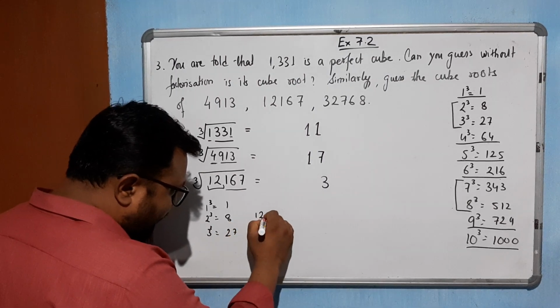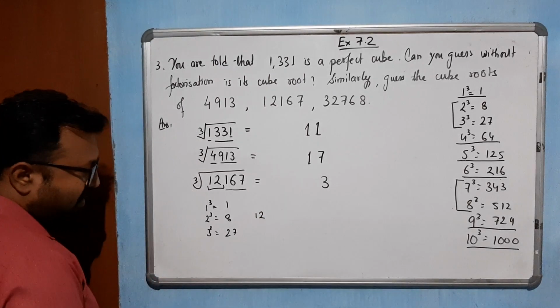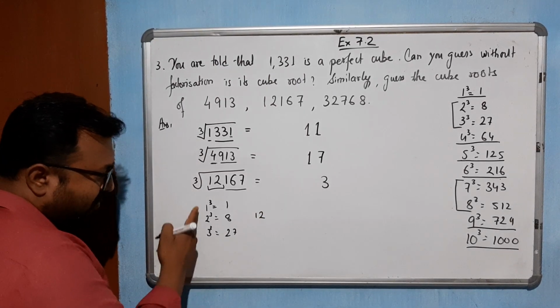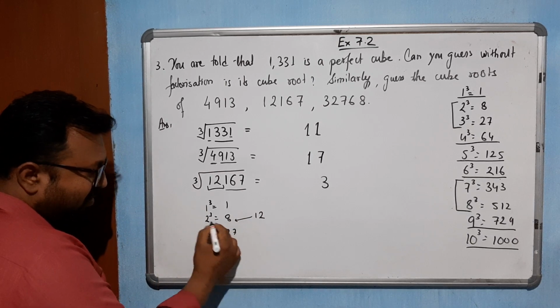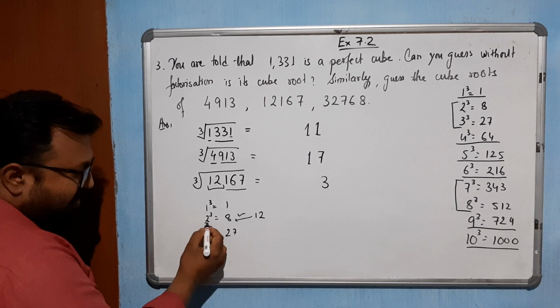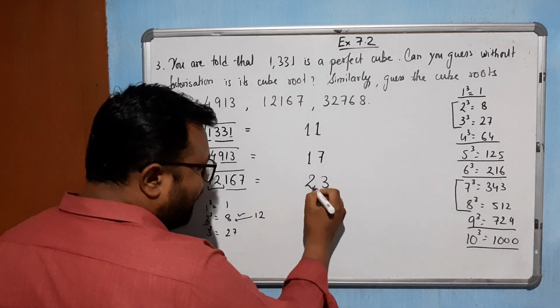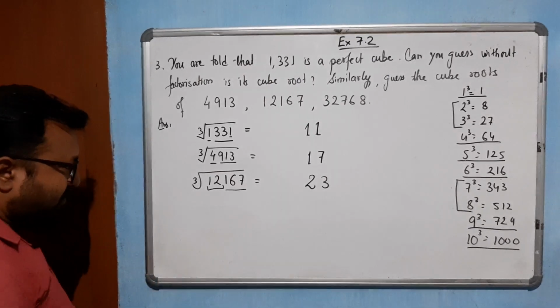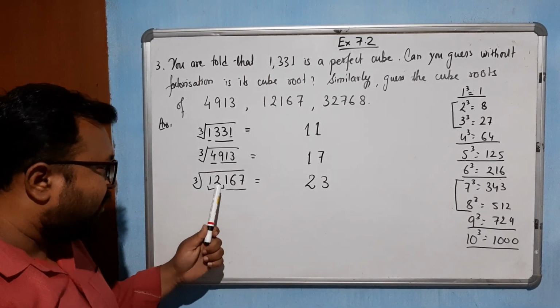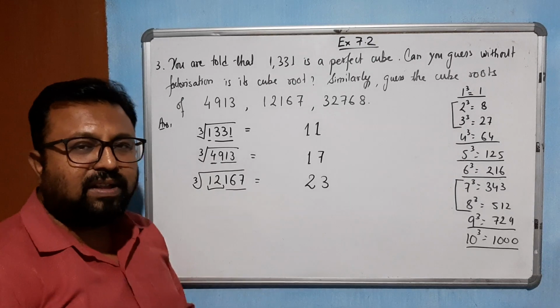So 12 is nearer to which cube? 1 cube, 2 cube or 3 cube? You can see clearly that it is nearer to 2 cube. So we will use 2 here. So 23. So we can say that the cube root of 12167 is 23.